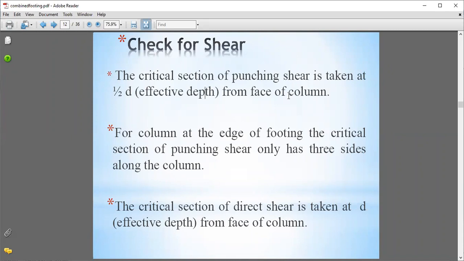The critical section of punching shear is taken at 1/2 the depth from the face of column. The critical section of direct shear is taken at the effective depth from the face of the column. And based on this, we have to show the critical section, which is for the depth and the width of the footing.